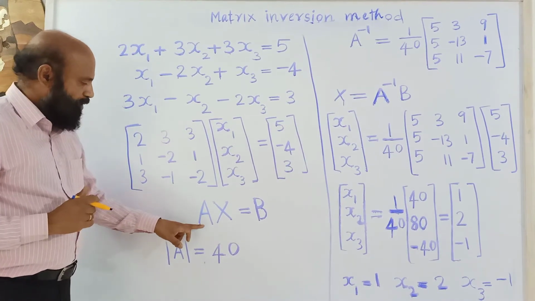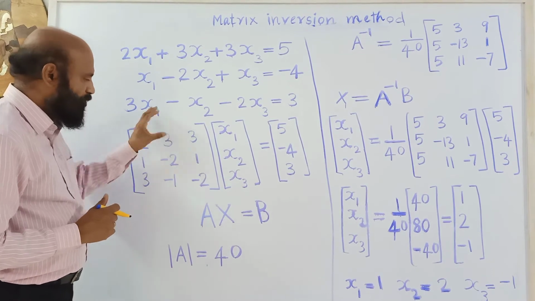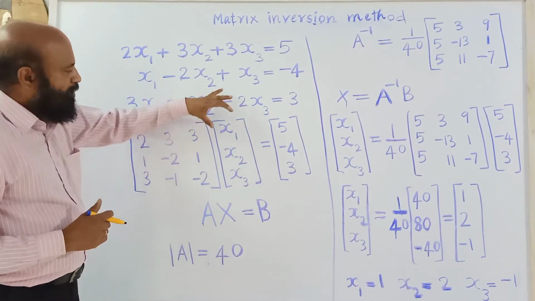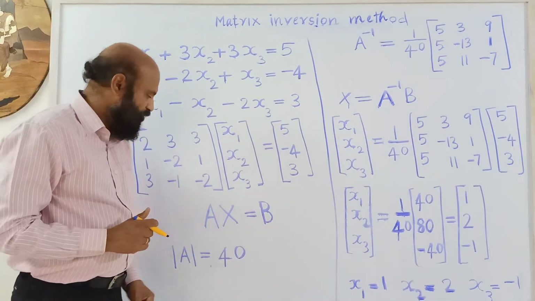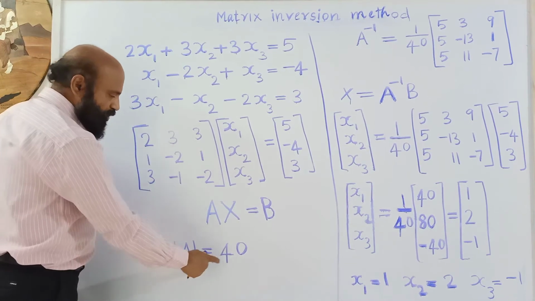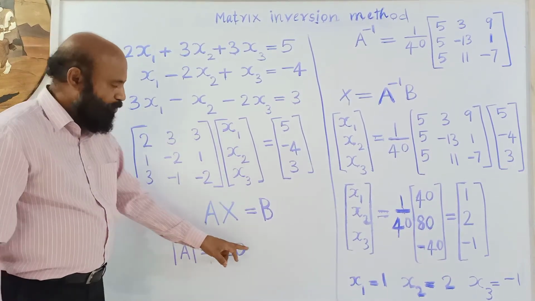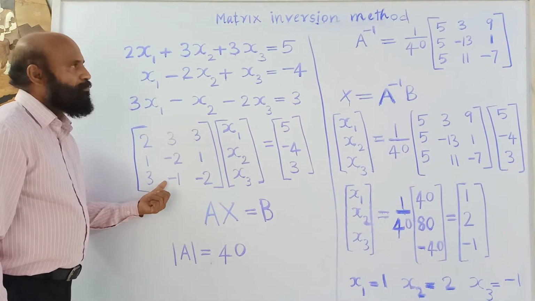Then it can be represented as Ax is equal to B, where A is the coefficient matrix, X is the matrix with the unknowns and B is the constants. Then when we see the determinant of this matrix, it is 40. It is not equal to 0. So this is a non-singular matrix.